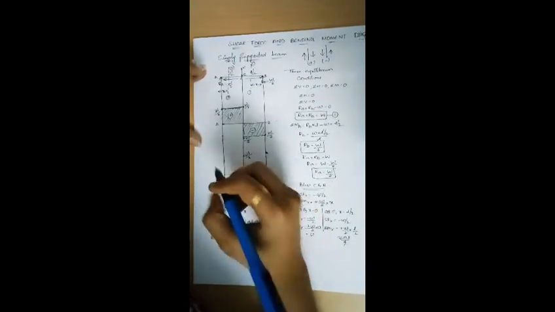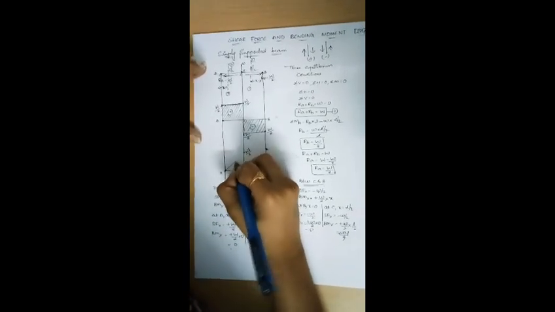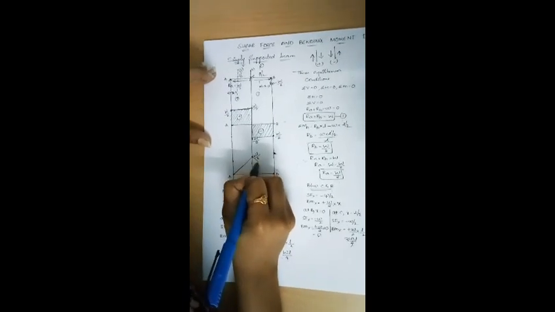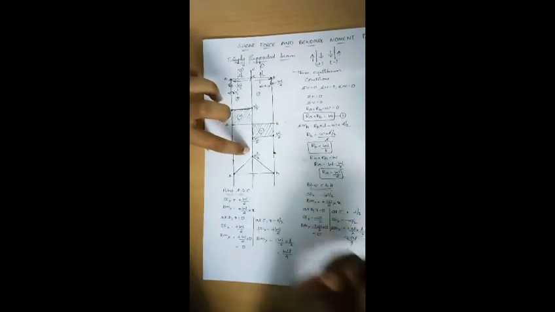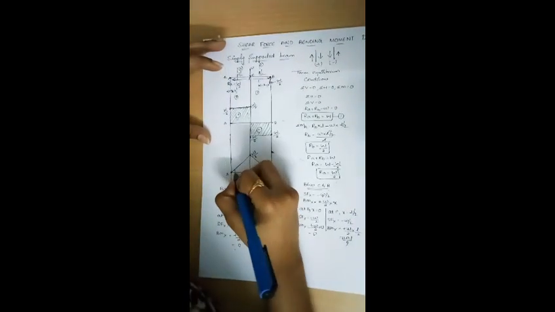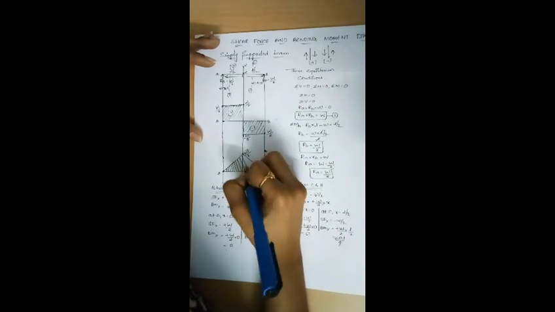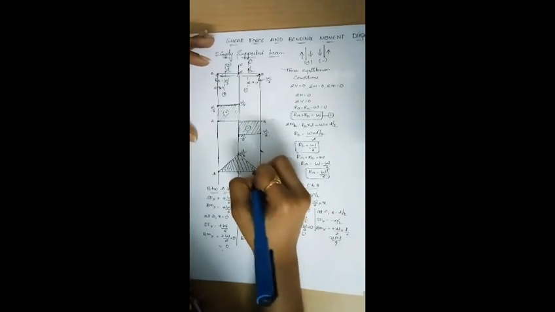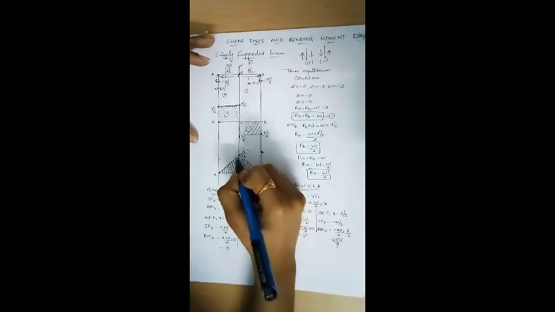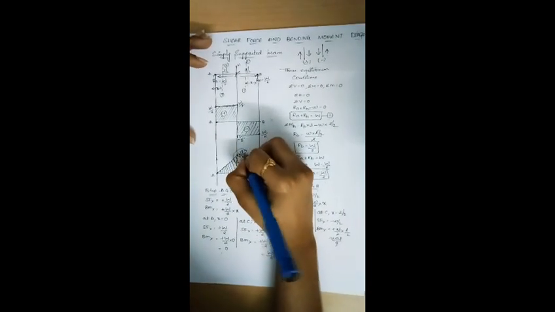So you need to join these points. You'll get linear because the degree of x is 1. So linear. So you need to shade these portions. So you need to remember this value WL by 4. This is maximum bending moment.